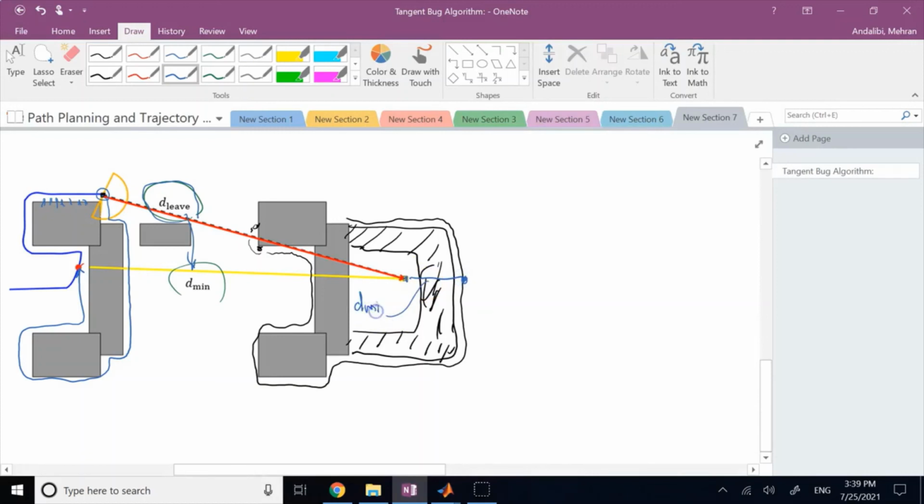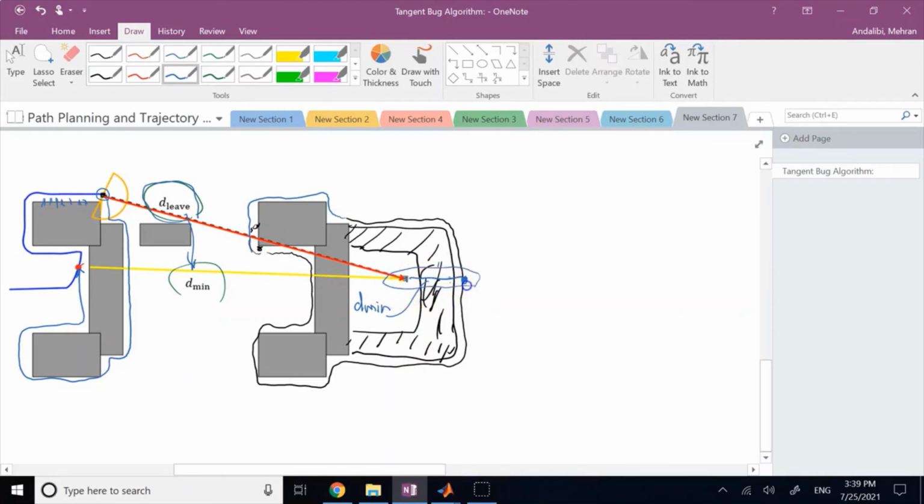This is the closest you can get. Now as you navigate around this big obstacle, there is nowhere that you can find any distance less than this dmin. So there is no place that you can set yourself free from the wall and go toward the goal.